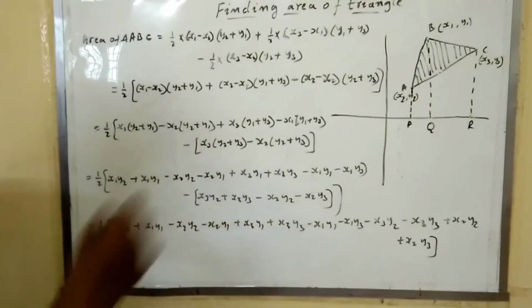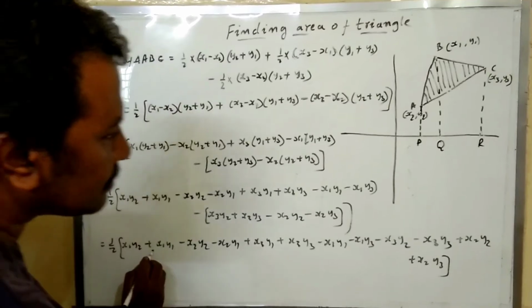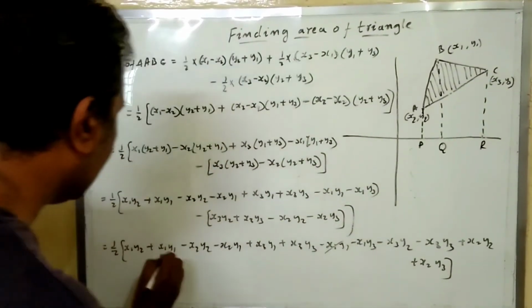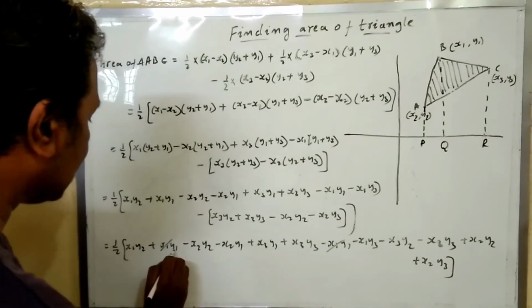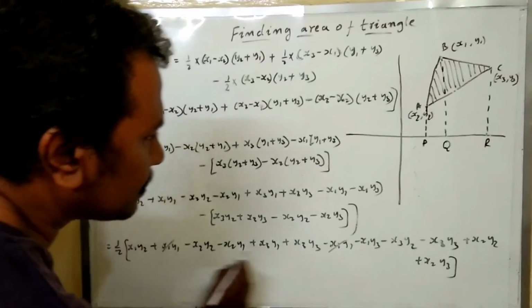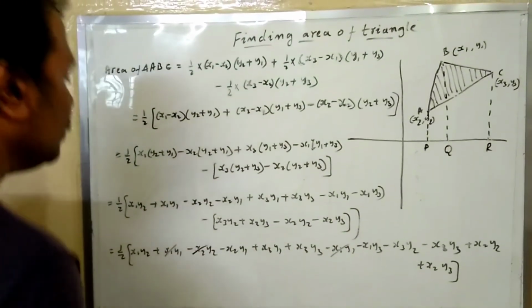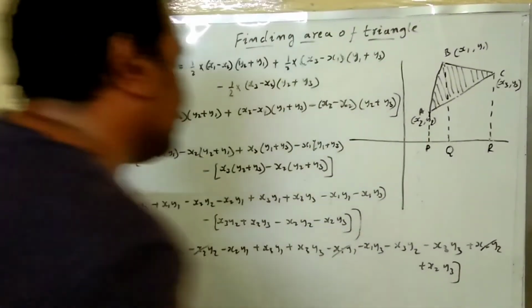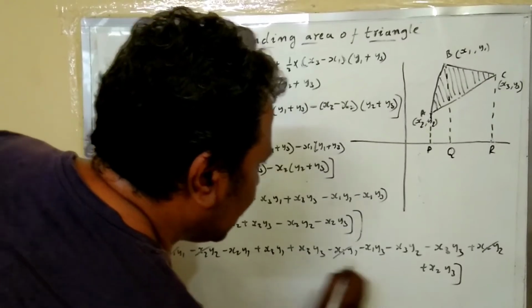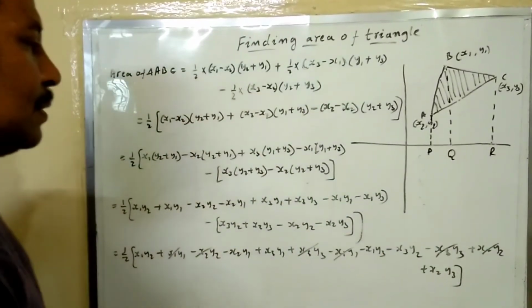Now cancel the opposite terms: x1y1 and minus x1y1 cancel, x2y2 and minus x2y2 cancel, and x3y3 and minus x3y3 cancel.